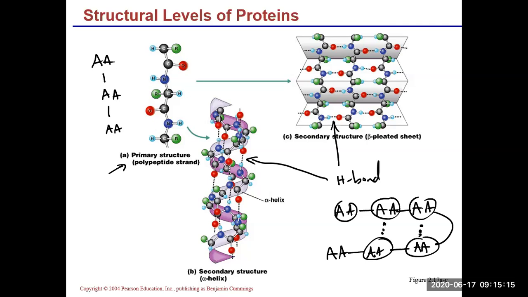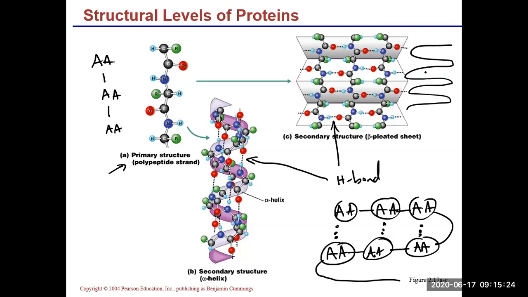Remember, hydrogen is involved, a slightly negative, a slightly positive, and so on. So they could act like a sheet of fabric on top of one another, for example, connected together by hydrogen bonds as well as peptide bonds. So these are hydrogen bonds and these are peptide bonds. So it has both.